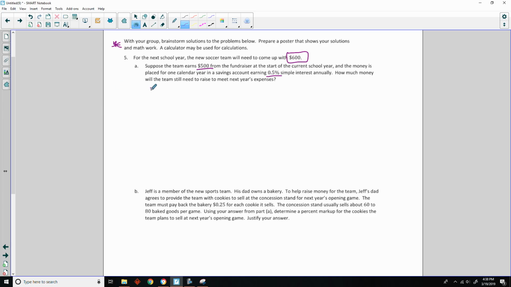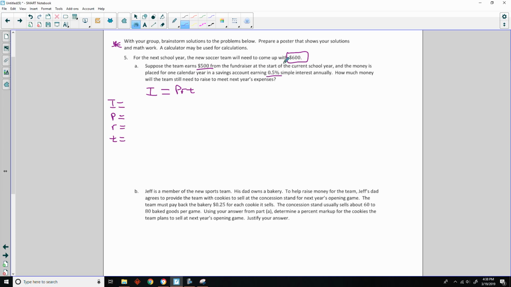Remember the equation, interest equals principal times rate times time, PRT. So I want to know what I equals, what P equals, what R equals, and what T is equal to. Okay.